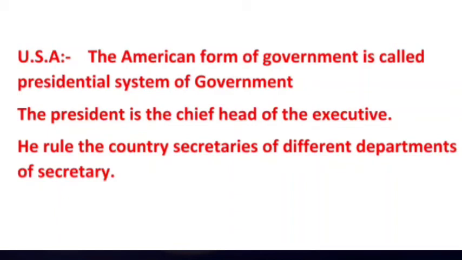The president of USA rules the country and he appoints the secretaries of different departments. Understand? He can remove any of the secretaries. He has more powers. Understand?